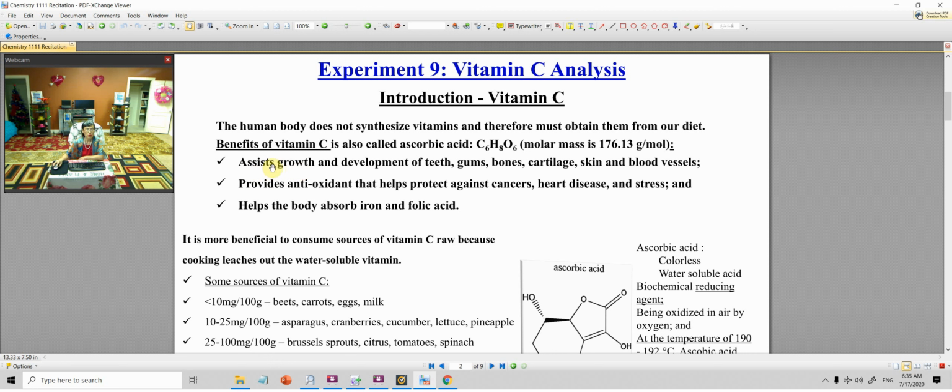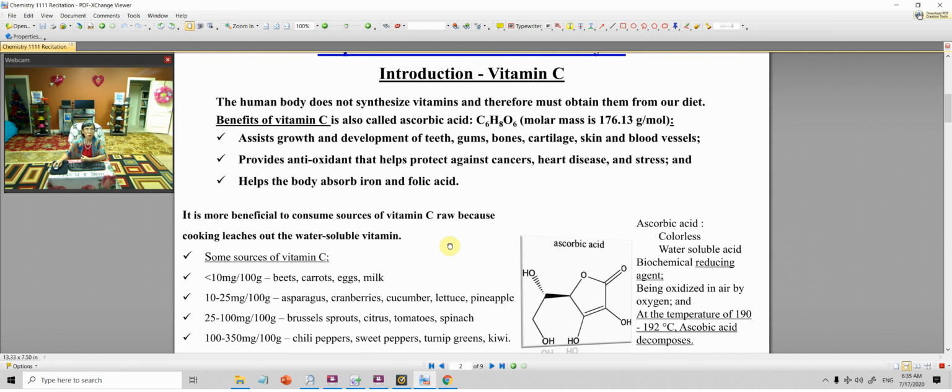The benefits of vitamin C involve several perspectives. For example, it assists growth and development of teeth, gums, bones, skin, and blood vessels. It provides antioxidant, which can help to protect against cancer, heart disease, and stresses, and also helps our human body to absorb iron and folic acid.